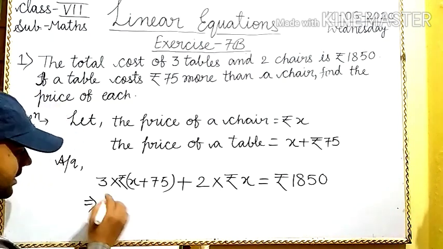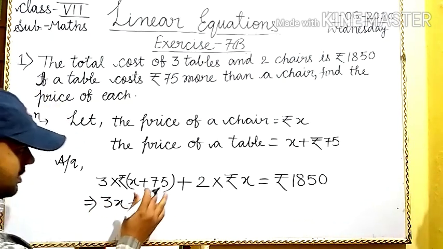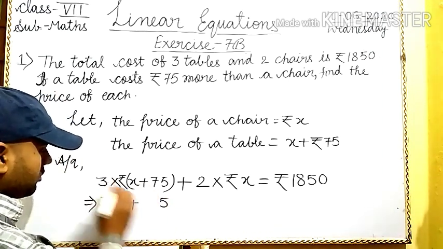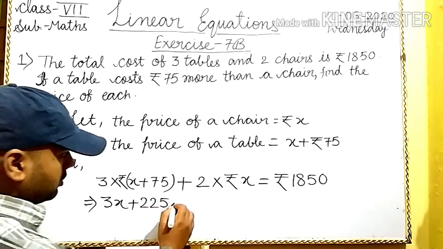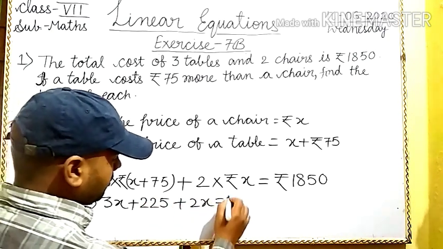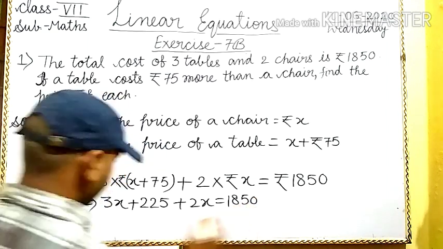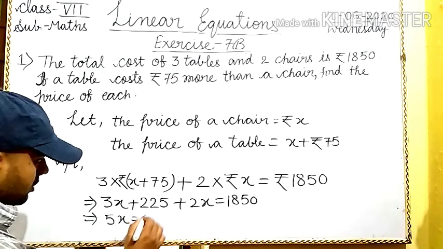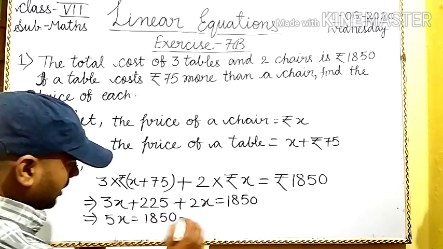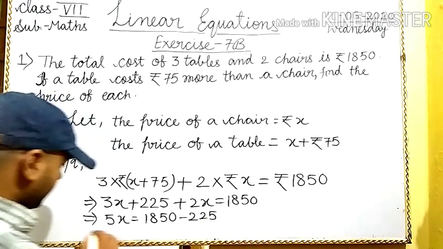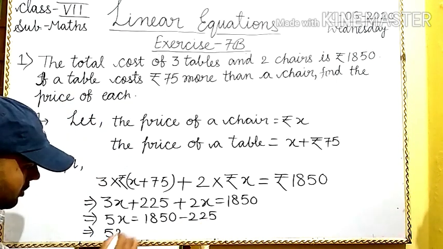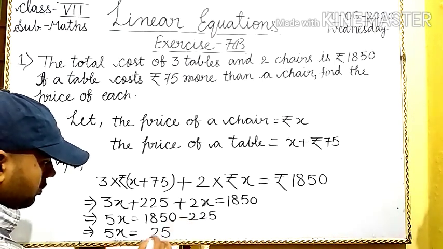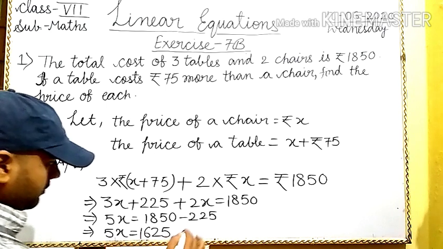So first we remove the bracket here: 3x plus 75 into 3. 5 threes are 15, carry 1, 7 threes are 21 plus 1, 22, plus 2x is equal to 1850. 3x plus 2x is 5x. 1850 minus 225. 5x is equal to 1625.